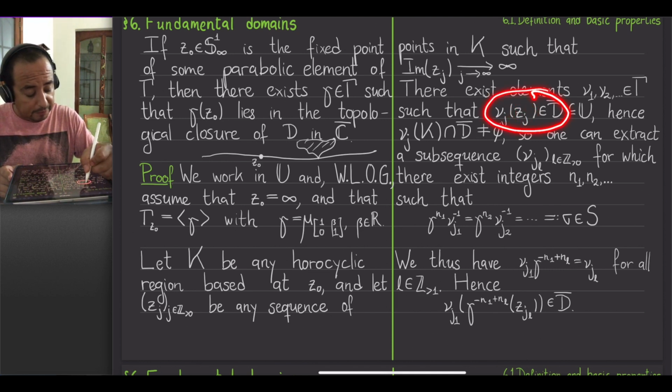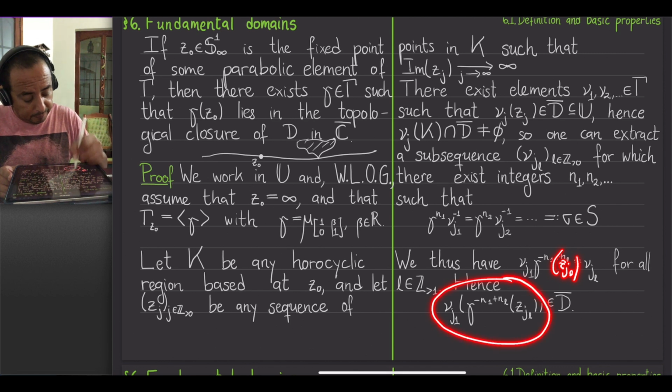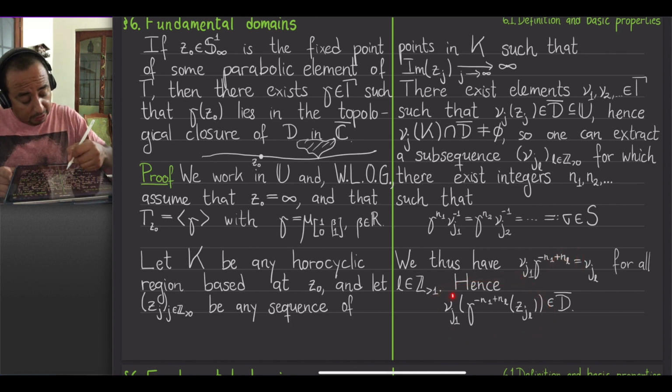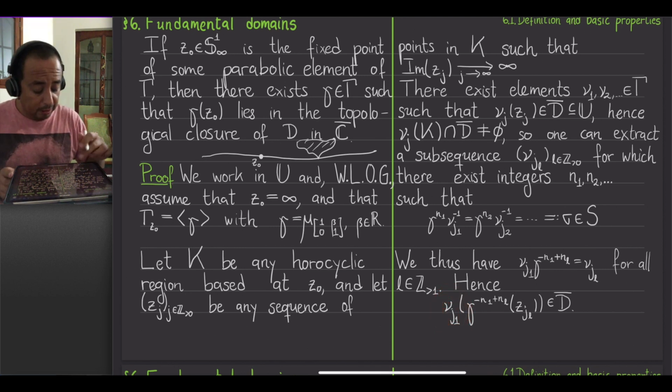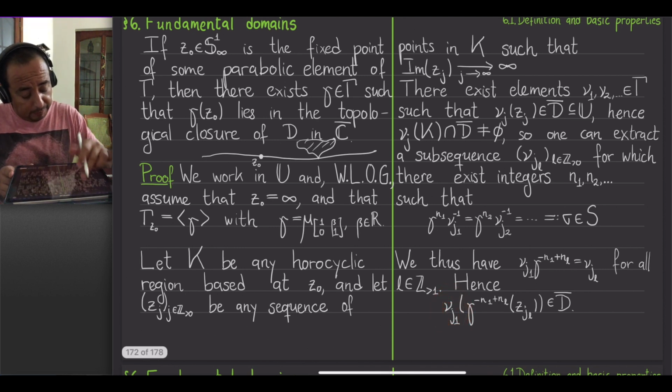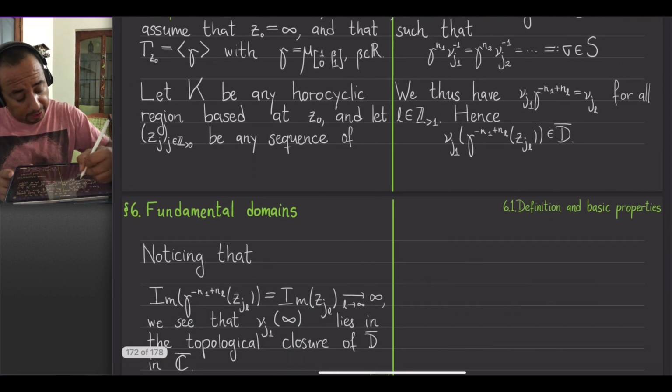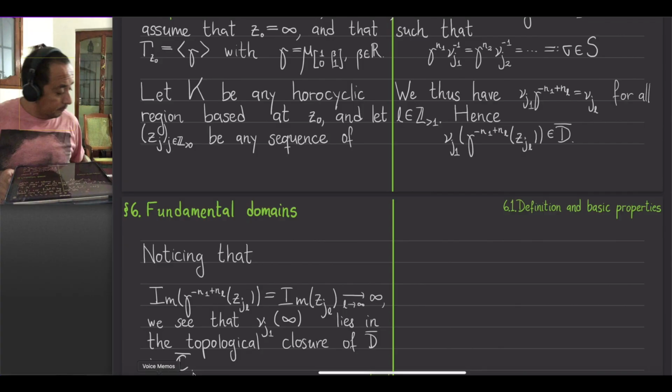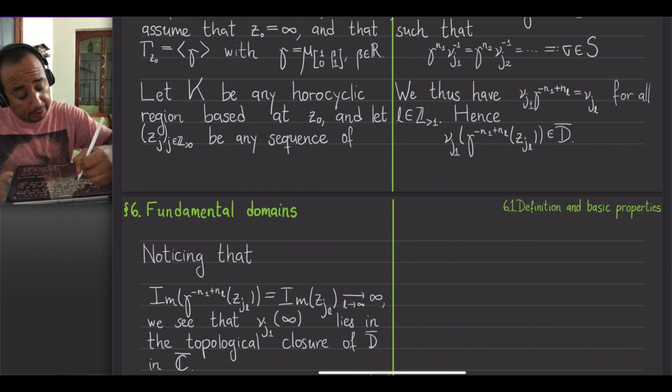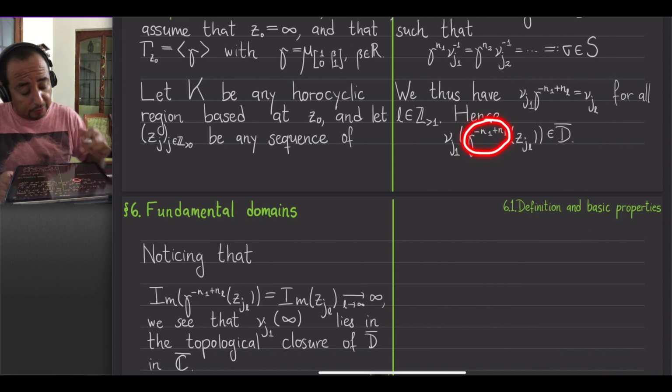So this is in D bar, but now express this ZJL, right? Okay, but so you see now this is for the very same transformation, nu J1, and you see the point is that the imaginary part of this number is the same as the imaginary part of this number because this one is a horizontal translation.